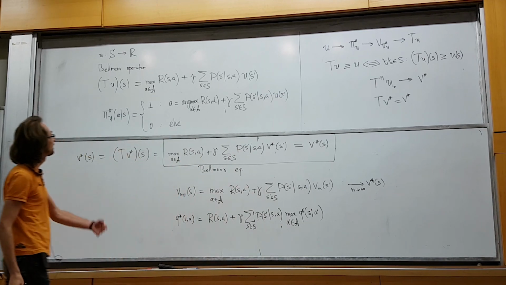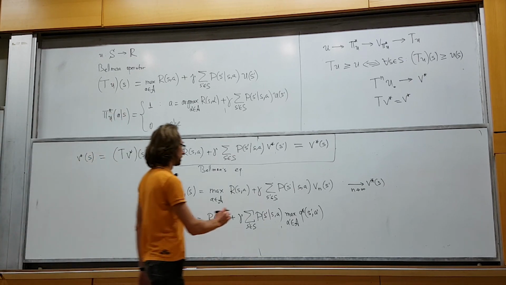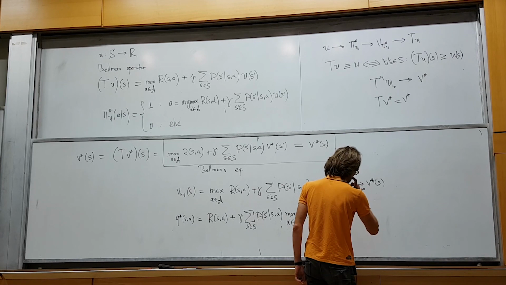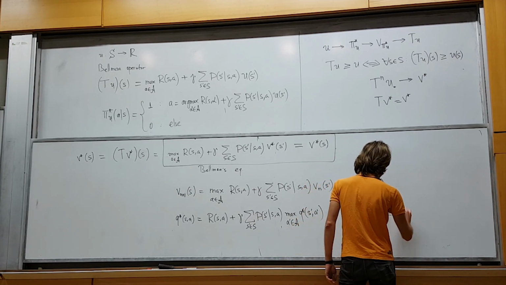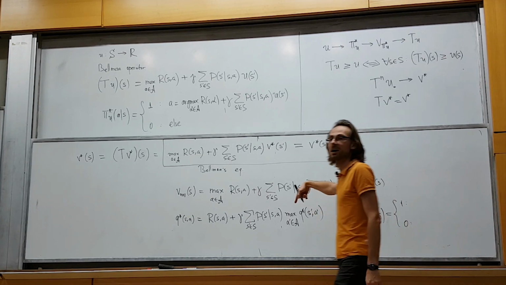So you see, again, this optimal form that satisfies the Bellman equation has replaced expectations with a maximum. And the optimal policy actually has a simpler form in the case of the Q function. So pi star of A given S is also a deterministic policy. Again, it will be given by the arg max of this.